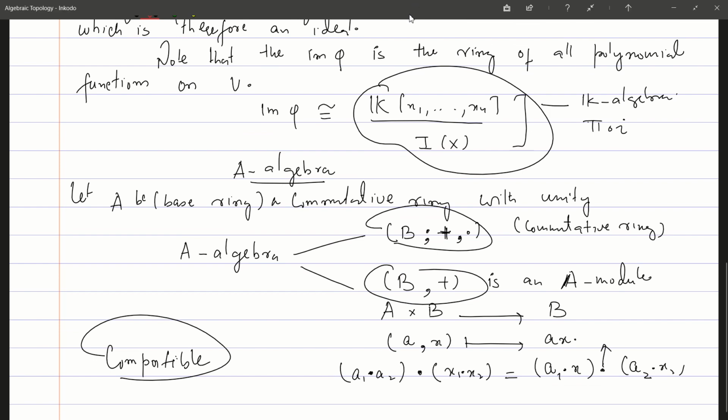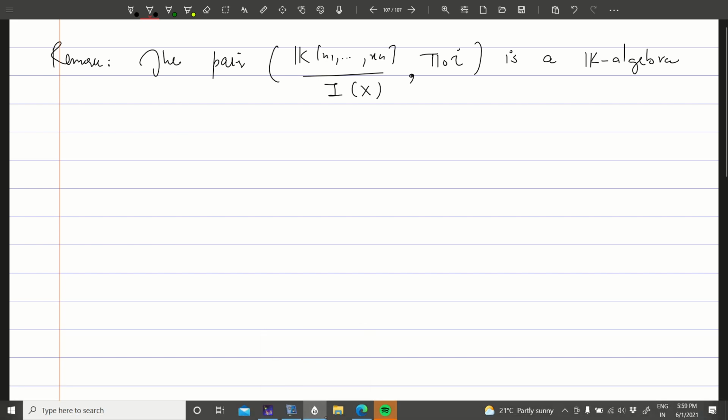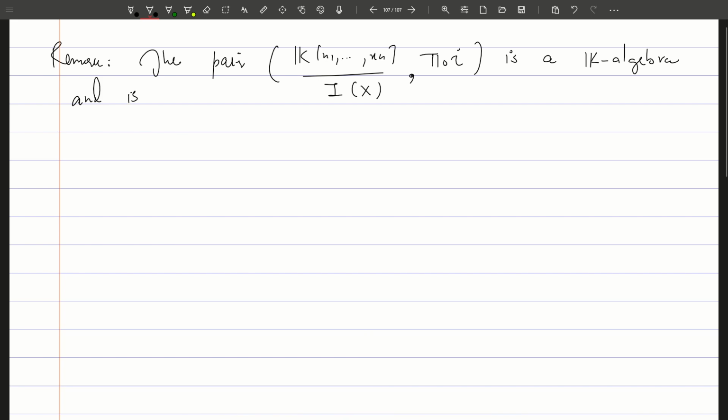So one should note here, this is the remark: the pair K[x1, ..., xn] mod the ideal of X, where the structure homomorphism is pi composed with i, is a K algebra, and this K algebra is called the affine algebra of X.